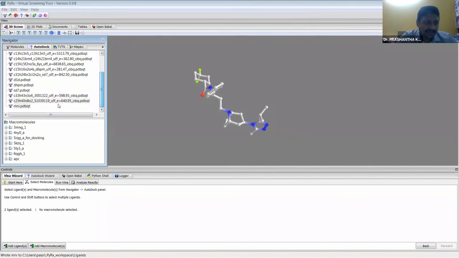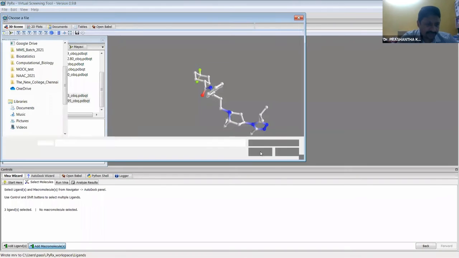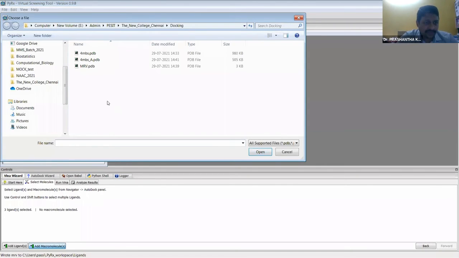Now the mrv gets added into your ligand section. Now we will have 3 ligands. Now say add macromolecules. Now we should select 4MBS or 4MBSA.